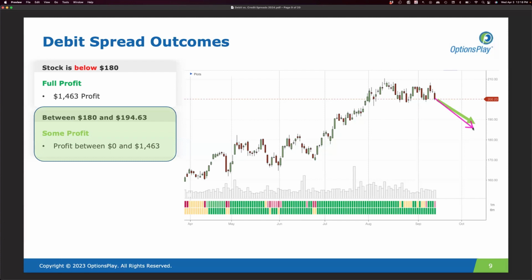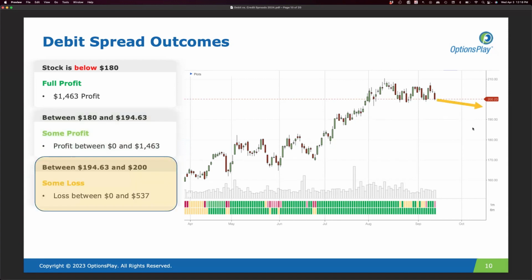The closer you are to 180, the closer you'll be to 1463. The closer you are to 194.63, the closer you are to 0 with regards to your profits. So it really just depends on where the stock lands on expiration. That's going to determine how much profit you have if it lands somewhere between those two numbers.